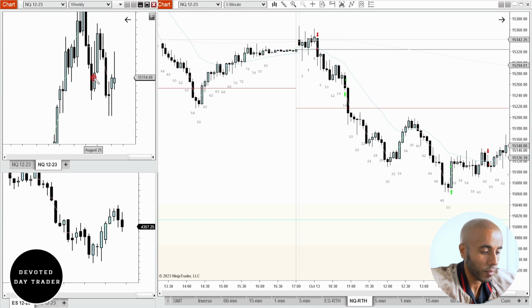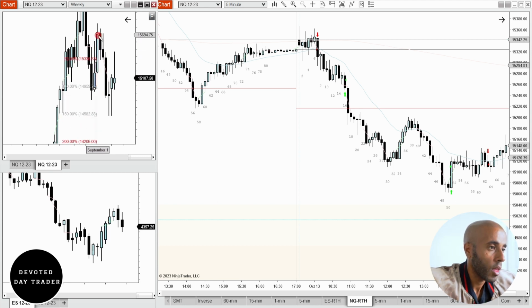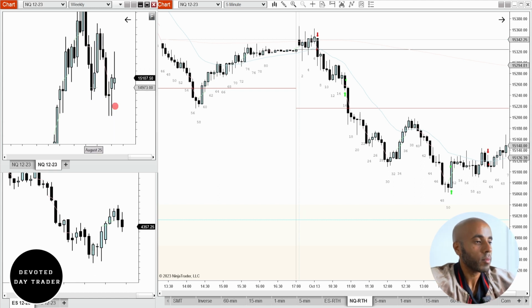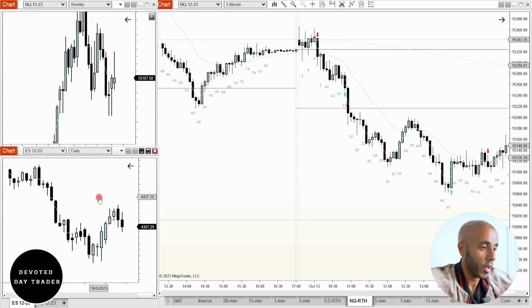If we measure just the bodies, 50% is about right here. So it was around 50% of this weekly order block. Okay, let me get rid of this thing. So I like that price was at resistance. The same thing with ES.